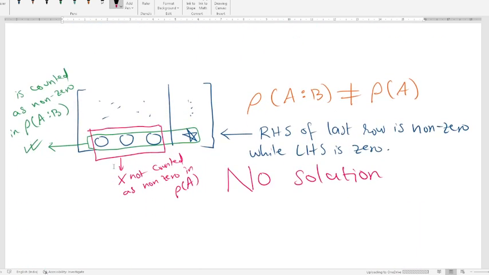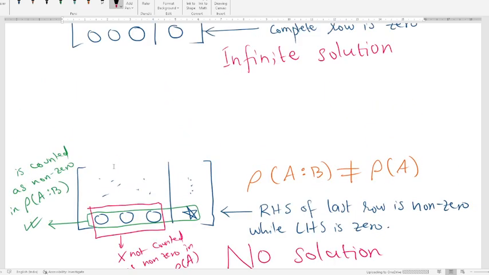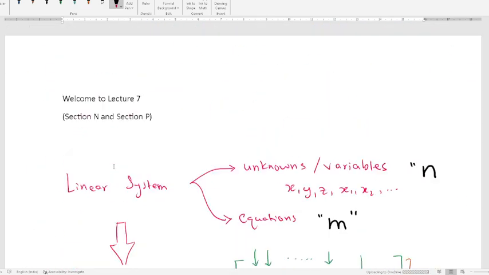Along with that, we had another issue raised. What if in a row there is one element on the right hand side of the line which is non-zero, whereas everything else is zero? In this case, we will have no solution. And that's what we had discussed today.